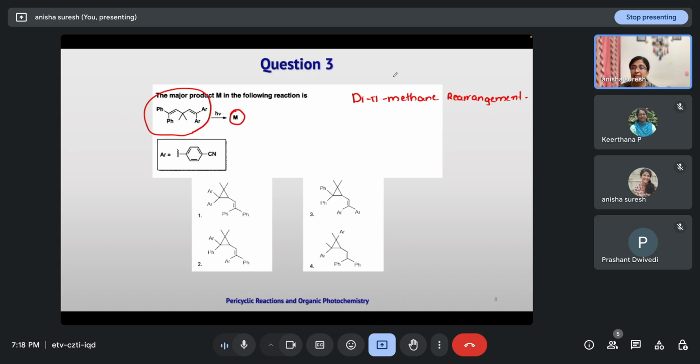So which is the major product that is forming after this reaction taking place?